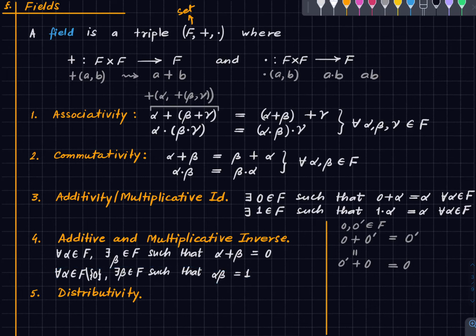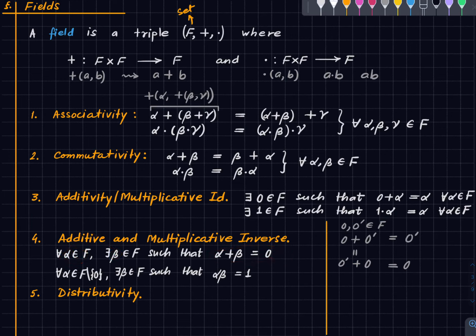Now, one thing I want to mention is that here again, we are only insisting on the existence of such a thing, but you can show, similar to this kind of reasoning, that actually there is only one such element. So for each alpha, there is one and only one beta which satisfies this. It will follow.